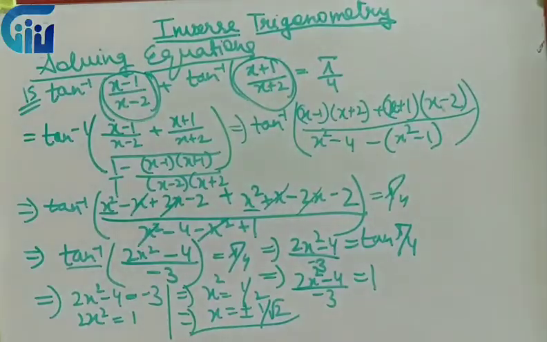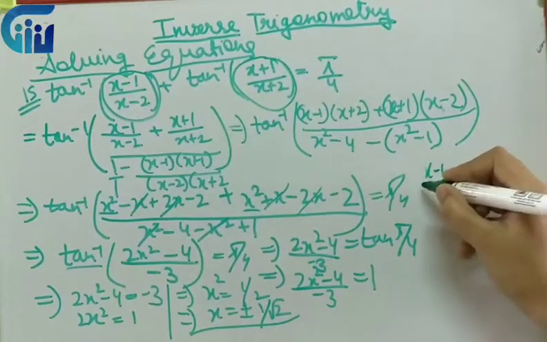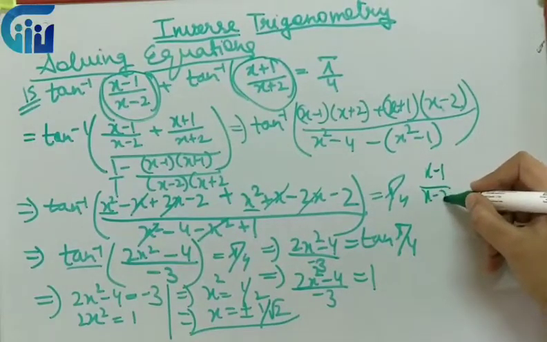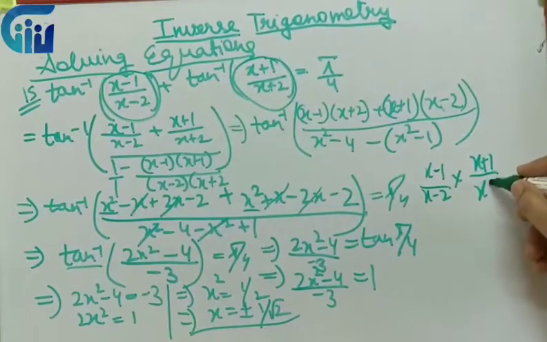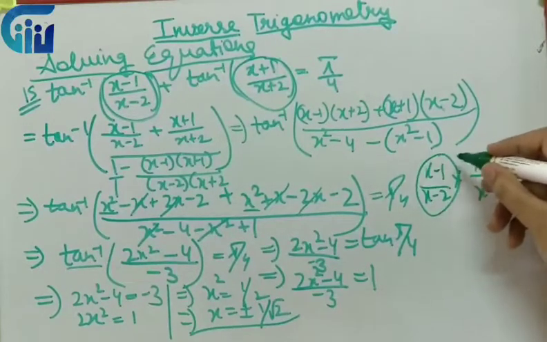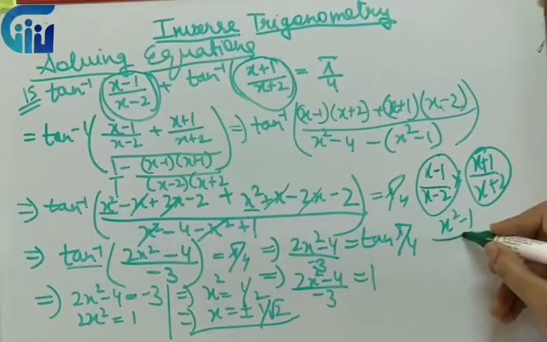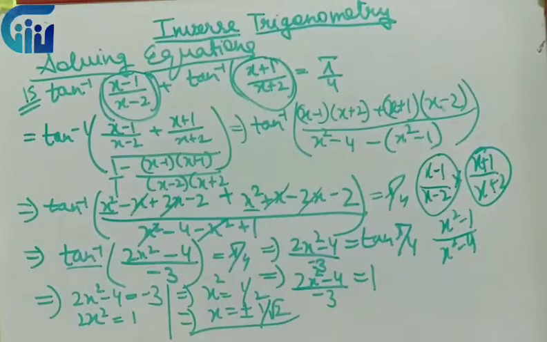We have x minus 1 over x minus 2 and x plus 1 over x plus 2. This is my x and this is my y. So it is x square minus 1 upon x square minus 4 if I apply the formula.